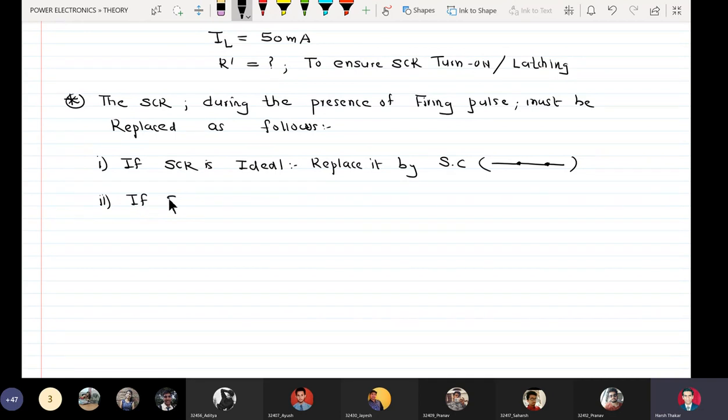Second, if SCR is non-ideal, replace it by this thing, okay, V on in series with R on.